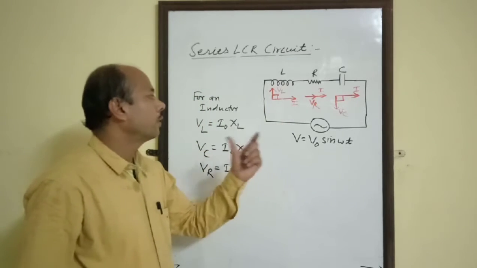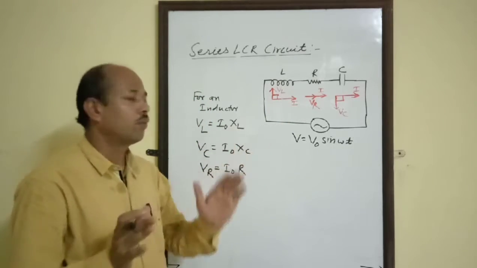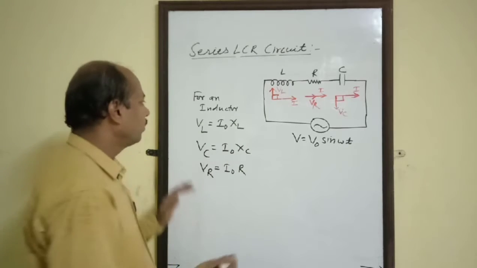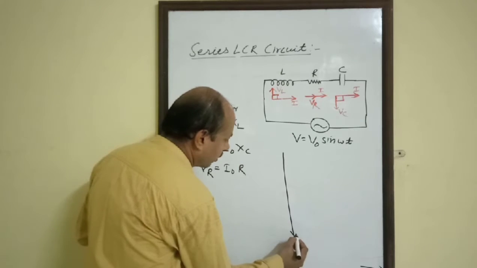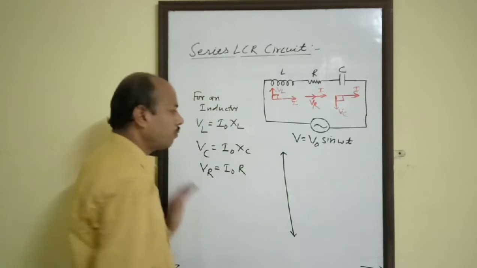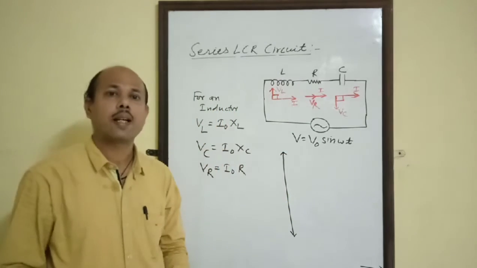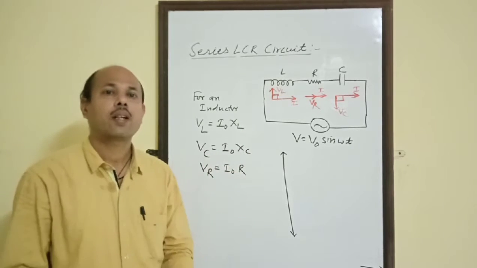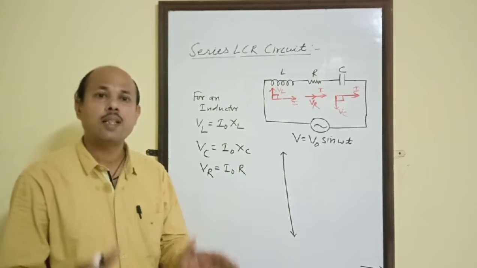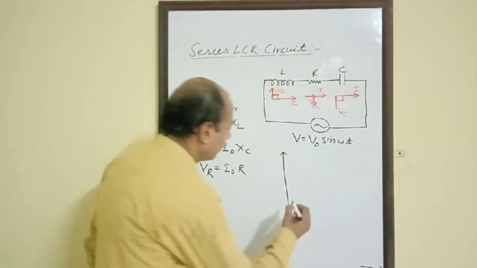By using that phasor diagram, we will be able to find the impedance or effective opposition of the series LCR circuit.